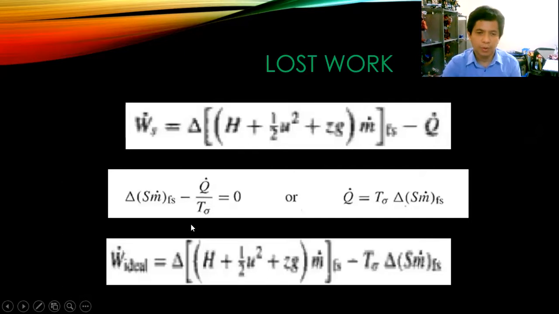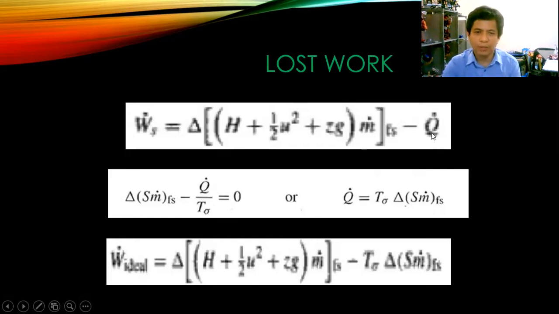So when work is reversible, delta S minus Q dot divided by T surrounding is equal to 0. This means that the delta S total, or SG dot, is equal to 0. Now, isolating Q from the equation will give you T surrounding times delta S times M dot Fs.